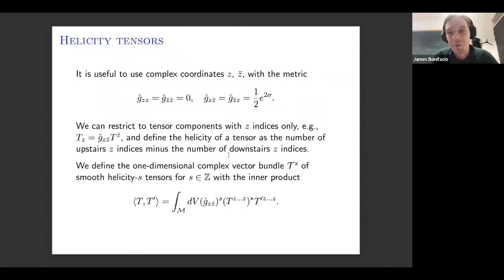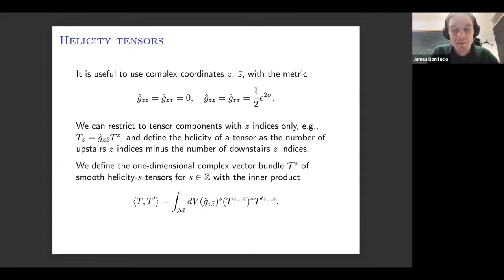So in 2 dimensions, it's nice that we have a complex structure. So we can use complex coordinates, z, z bar, and in some coordinate patch, you can always write the metric so that the non-vanishing components are g_{z z bar} or g_{z bar z}. So this is just like isothermal coordinates, but using the complex notation.